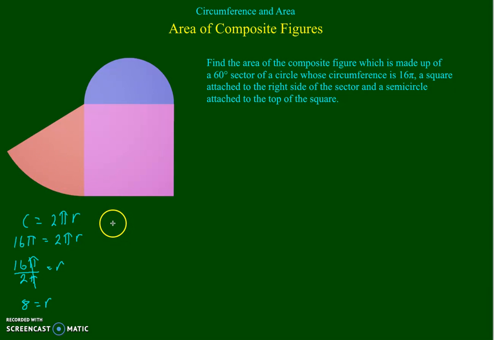Now if you recall, the area of a sector is to the area of the circle as the central angle is to 360. So the area of the sector, which is what we're looking for, is to the area of a circle, remember, pi r squared, so it's pi times 8 squared, as the central angle, it's a 60-degree sector, so the central angle is 60, is to 360.